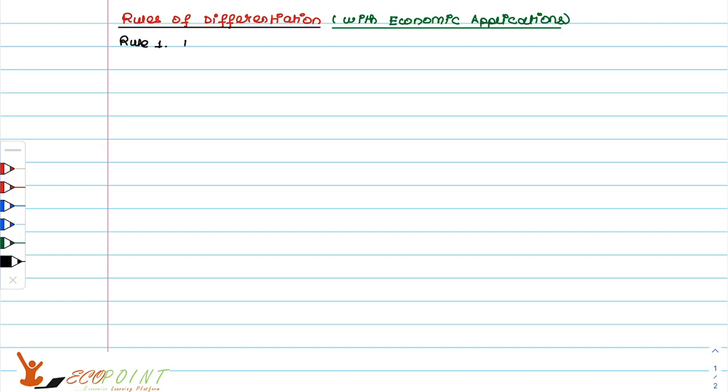Anyways, rule 1, beta. Derivative of a constant function, f(x) equals c. So if you have a constant function like this, then its derivative is 0.